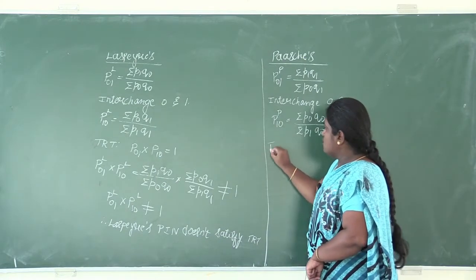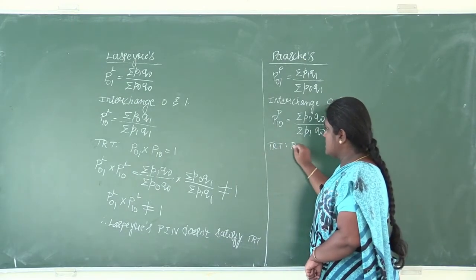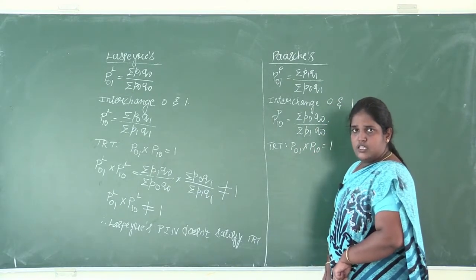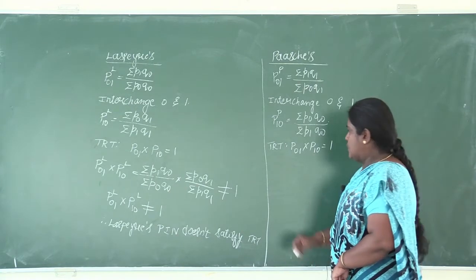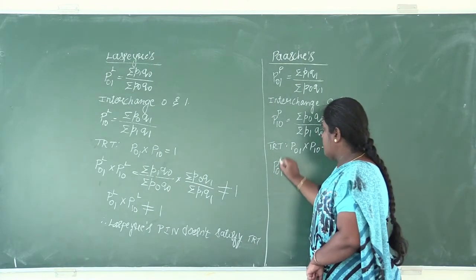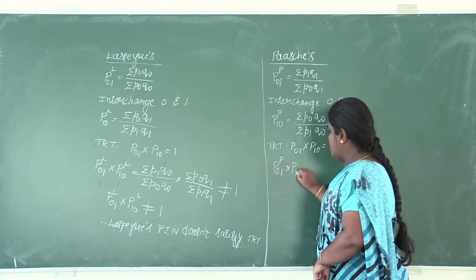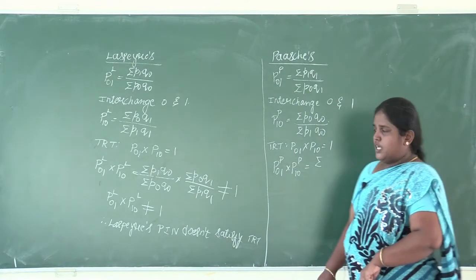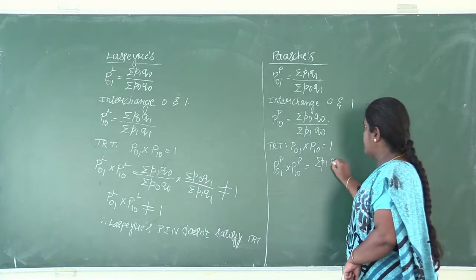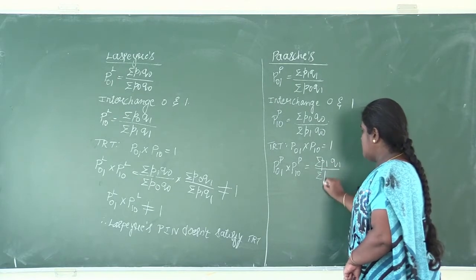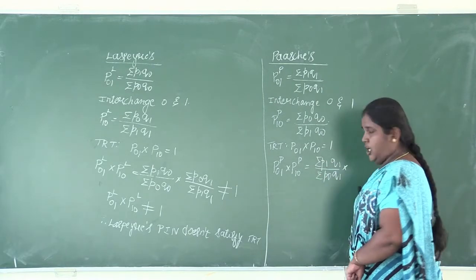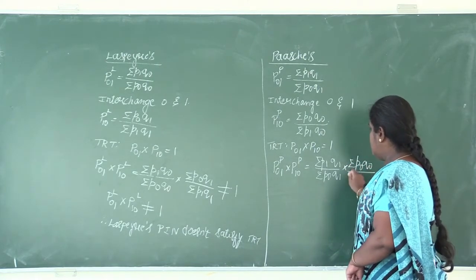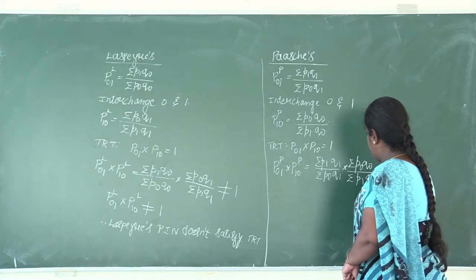Now write the condition of time reversal test, which is P01 into P10 equals 1. Take the left hand side and prove whether it is equal to 1. So we'll get P01P into P10P equals, we have to substitute the Paasche's price index number formula, sigma P1 Q1 divided by sigma P0 Q1 into sigma P0 Q0 divided by sigma P1 Q0.